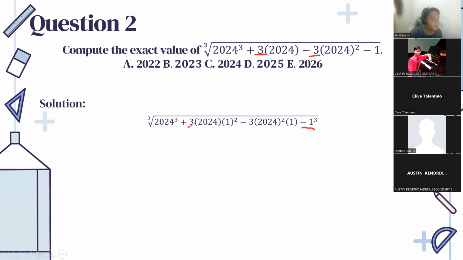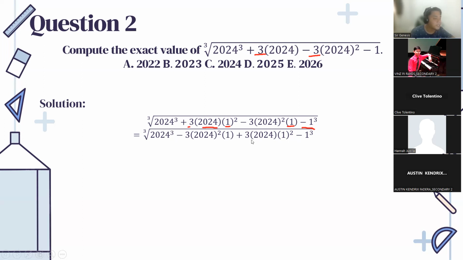So that will just be 3 times 2024 squared, 2024 times 1 squared minus 3 times 2024 squared times 1. Now here, we can just rearrange the second and third term so that we can see the special product more clearly. So that will be cube root of 2024 cube minus 3 times 2024 squared times 1 plus 3 times 2024 times 1 squared minus 1 cube.